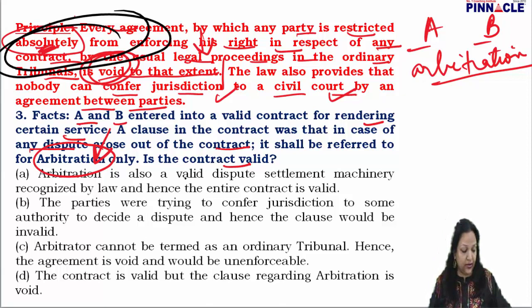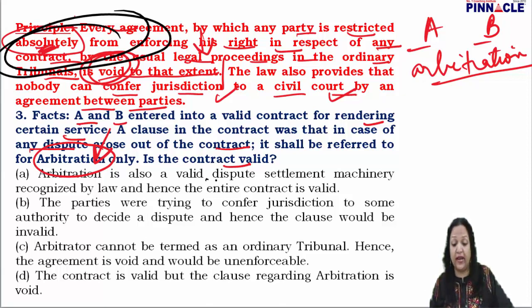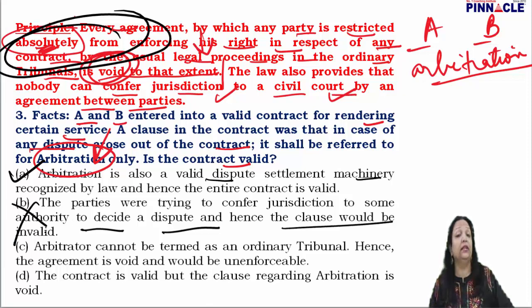Now let's try to do it. Okay. Yes, now let us see. Arbitration is also a valid dispute settlement machinery recognized by law, hence the entire contract is valid. Absolutely right. My answer is A. The parties were trying to confer jurisdiction to some authority to decide a dispute, hence the clause would be invalid. No, this is not going to be the answer. Now next one, the arbitrator cannot be termed as an ordinary tribunal, hence the agreement is void.